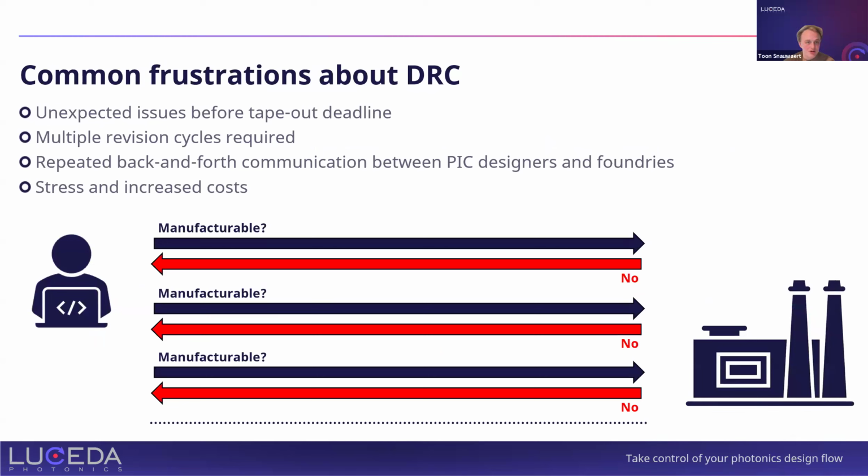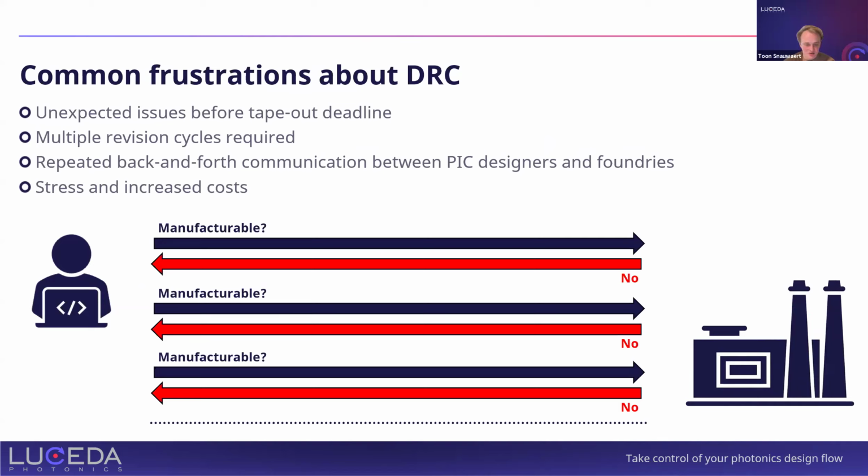In general, there are some common frustrations about DRC, and it's mainly because unexpected issues can come up before the tape-out deadline. Often the designer is not able to run a DRC check by himself and needs to rely on the Foundry to run the check. And in that case, it is possible that there are a lot of errors that the designer needs to fix in a short amount of time.